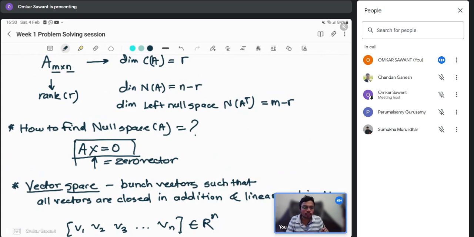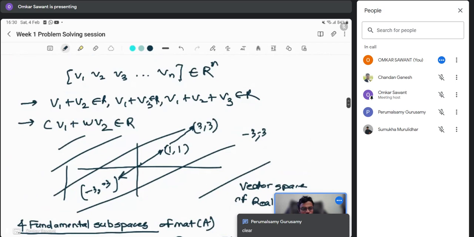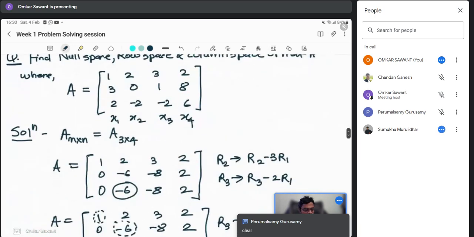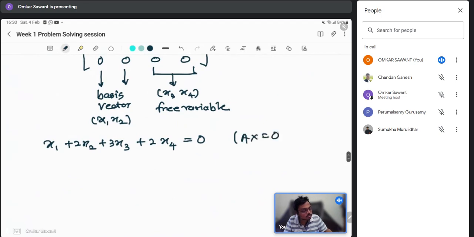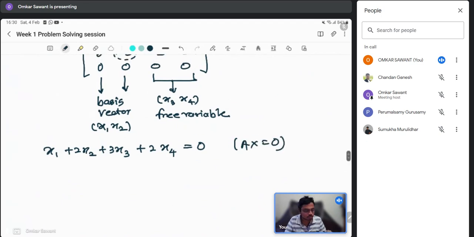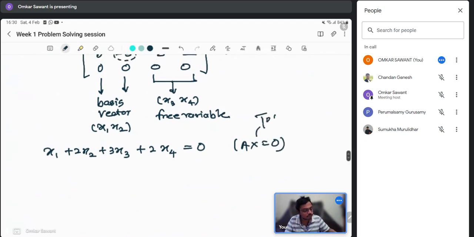Is it clear to you? So you are taking Ax equal to 0 to find the null space, correct?